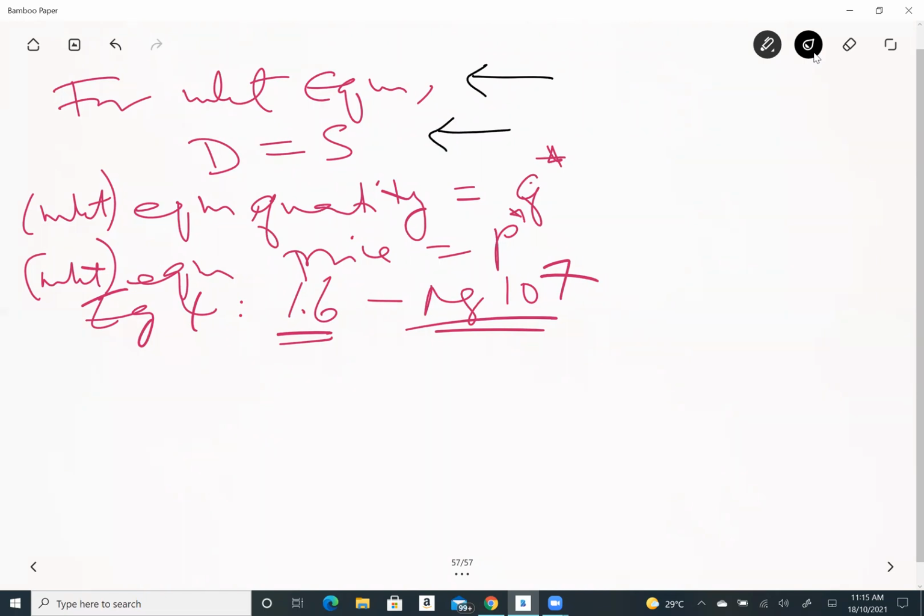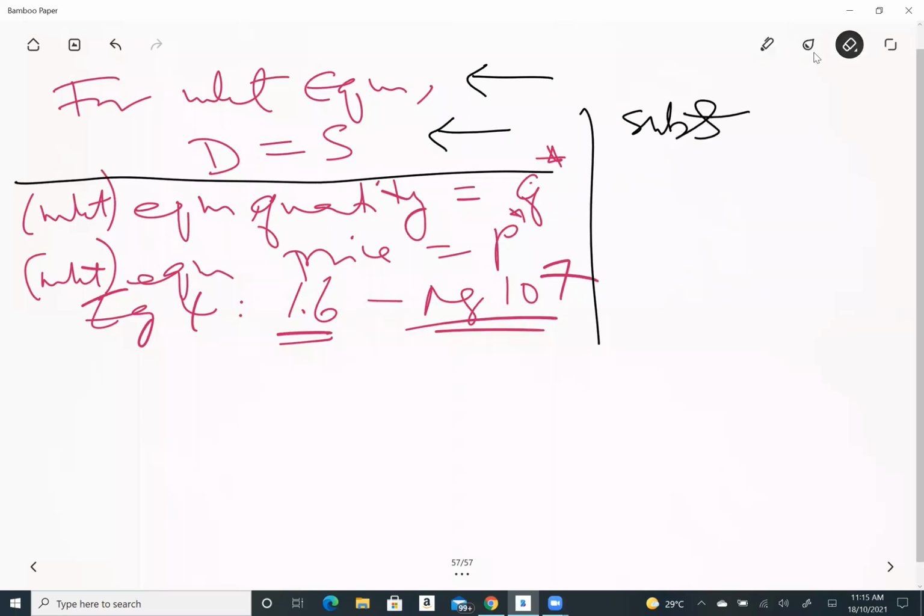If you look at that example, at market equilibrium, demand equal supply. Then what? Then you substitute one into the other. So what do you want to substitute?